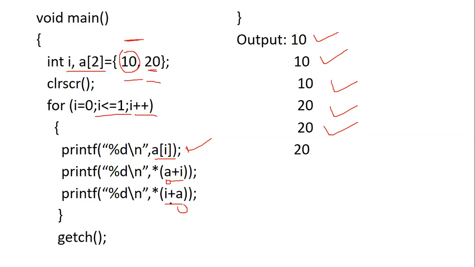Now here the same pattern is there, just I is before and a is afterwards. So a plus I or I plus a both remain the same. So the value of I is 1 and the value of a is 0. So we get the element at location 1 as 20. So we'll print that same 20. So in this way we get the output.